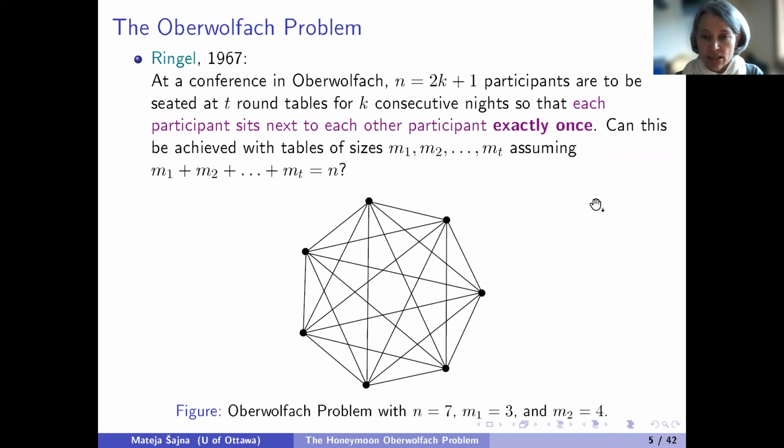So this can be modeled as a 2 factorization of a complete graph. Here is the arrangement on the first night. We have a table for 3 and a table for 4, and the colored edges are those pairs of participants that have already used up their ticket for that night. And then we can have the arrangement on the second night, again, a 3 cycle and a 4 cycle, the 2 tables, and the third night, we have the remaining pairs occurring there.